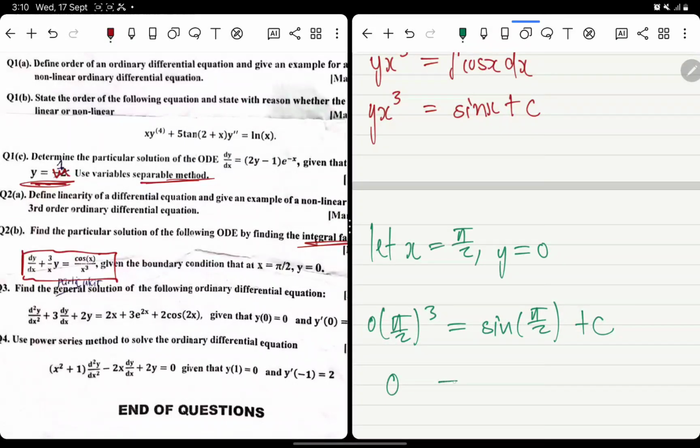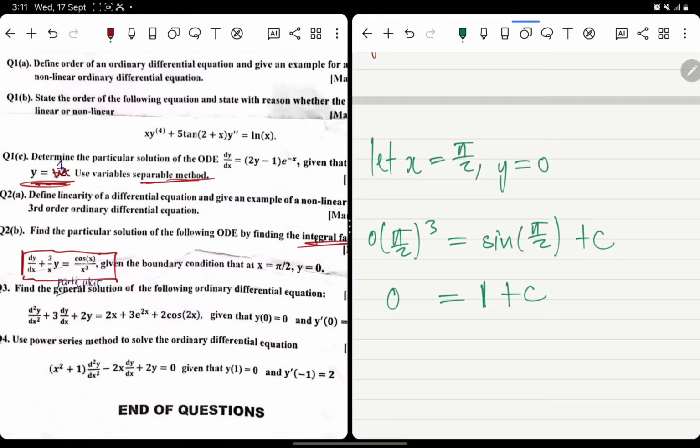This is going to be 0 is equal to, we now punch sine pi over 2. Make sure your calculator is in radians, because you're punching sine of pi over 2, which is like to say sine 90. You must get 1 plus c. Then you take 1 to the other side. Negative 1 is equal to c. So we're going to get c be negative 1.